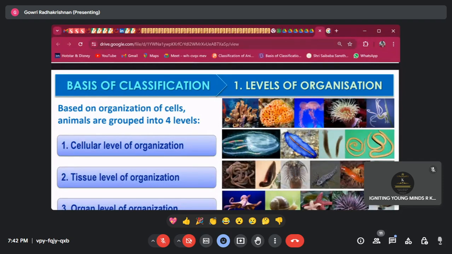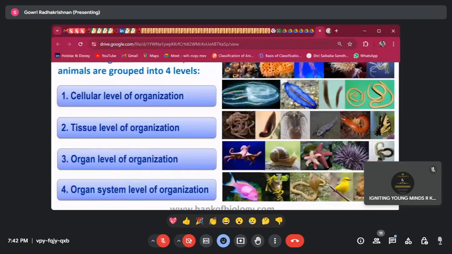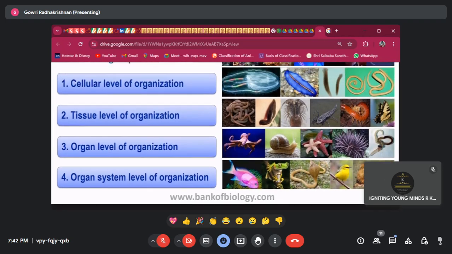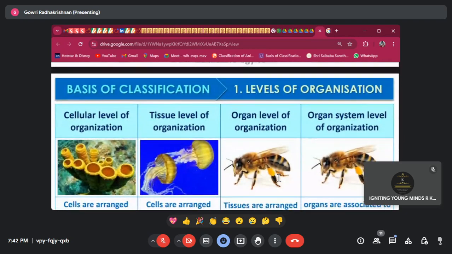First one is level of organization. You can see cellular level, tissue level, organ level, and organ system level of organization. Four types of organization you can see among these animals.